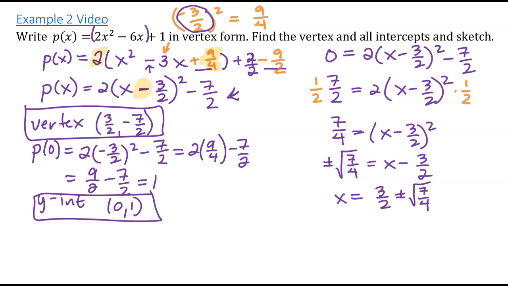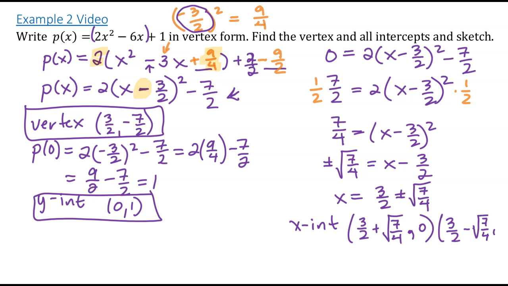So for the purposes of showing your work, it's beautiful. Just say that your x-intercepts are at 3/2 plus or minus root 7/4. If you know a little bit about simplifying radicals, that one does simplify a little. You can go for it. If not, that's fine for now as well. We'll do it later.